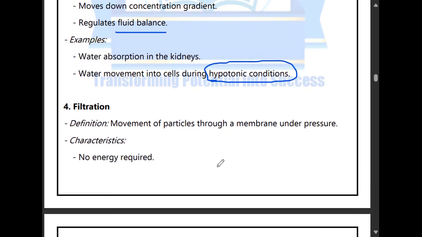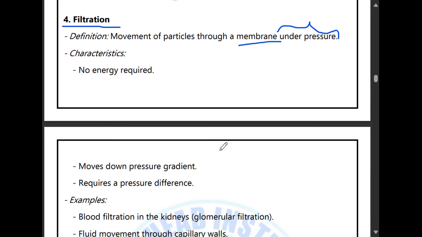Then the last example is filtration. Now, what is this particular filtration? Filtration is just the movement of particles through the cell membrane, but now it occurs under pressure. So characteristics similar.